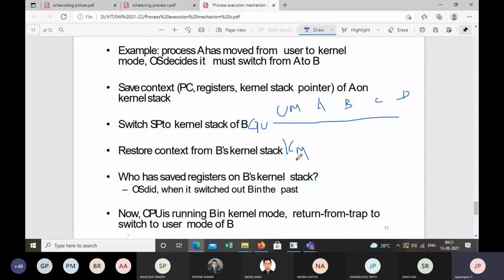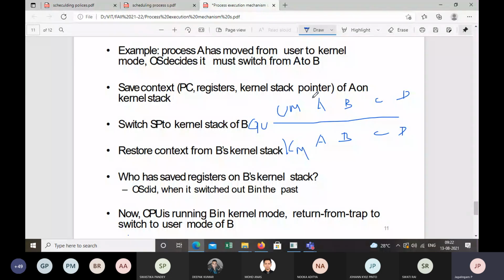Similarly, in the kernel mode, the operating system mode, kernel is nothing but the operating system. In the operating system mode, you have a kernel stack as part of the memory image of A, B, C, D. For process A, you have a memory image in the user mode, and for process A, you have a memory image in the kernel mode.